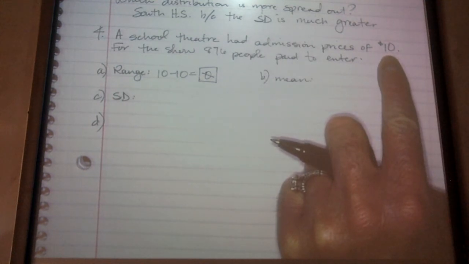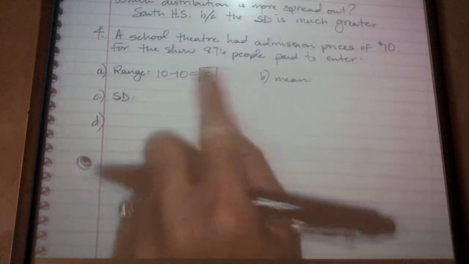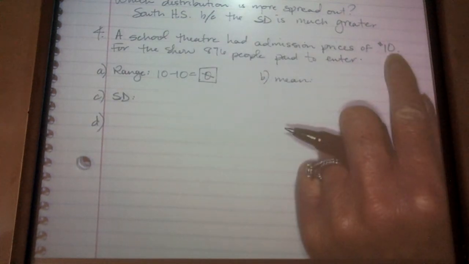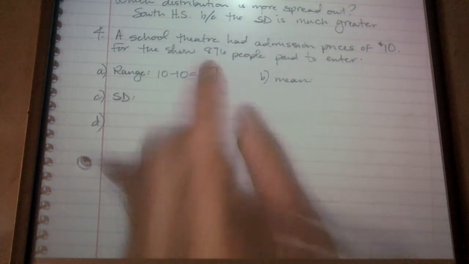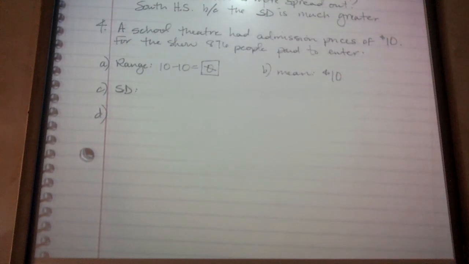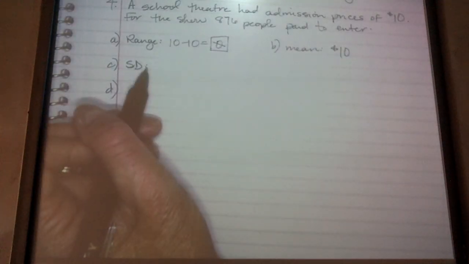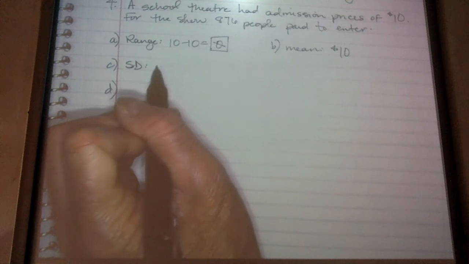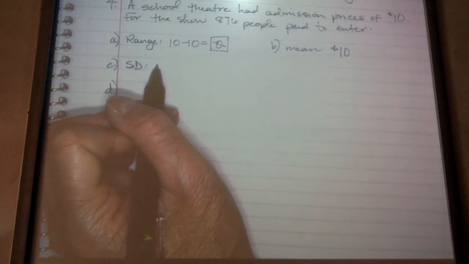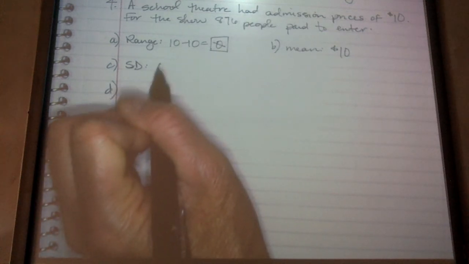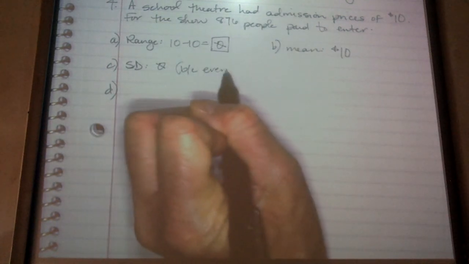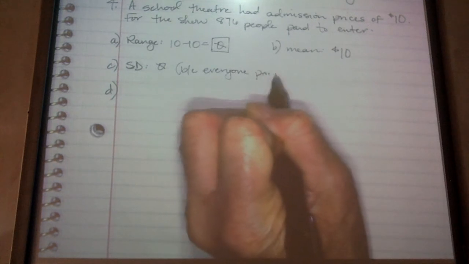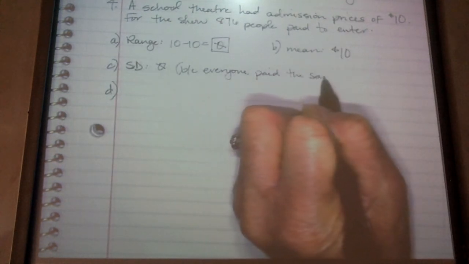So even if I added up all the 10s, 876 10s, but I divided by 876, I would have an average of, guess what? 10, because everybody paid the exact same price. Standard deviation. They all paid the exact same price. So my standard deviation is also 0, because everyone paid the same price.